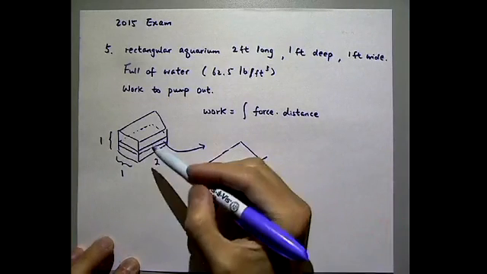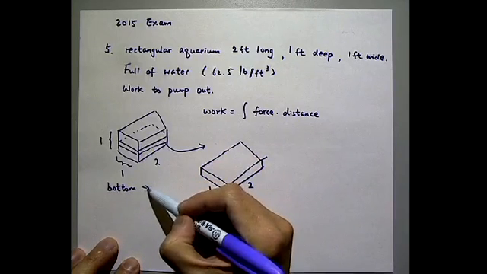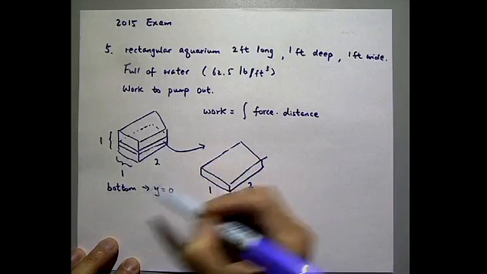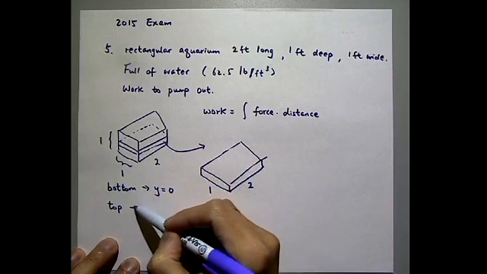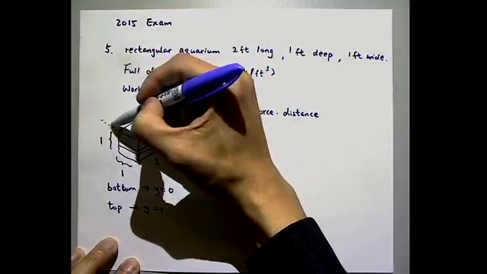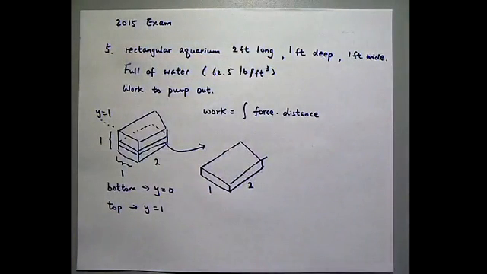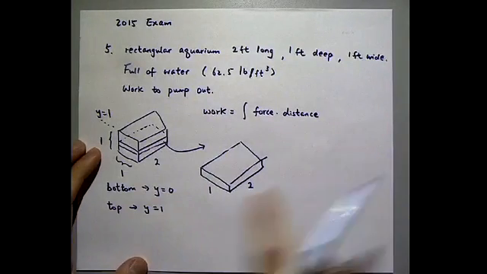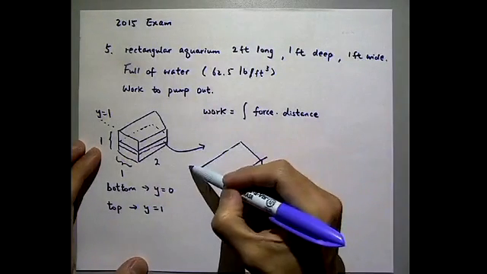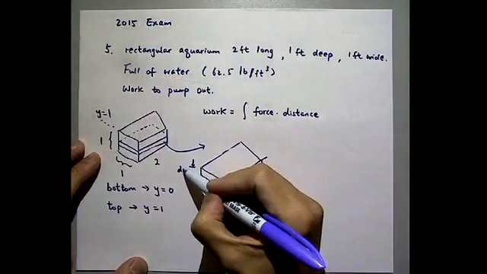And let's say the bottom of the tank is at y equal to 0, and we'll put the top of the tank at y equal to 1. Okay, so give it a height. It doesn't matter where you call y equal to 0, top or the bottom of the tank. It doesn't really matter. Now in this view here, the thickness would be a small dimension in the y direction. So we'll call that dy.